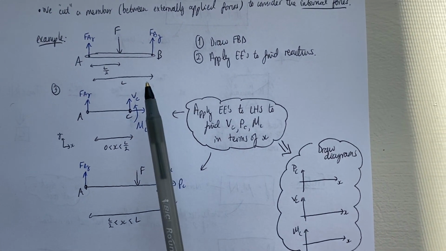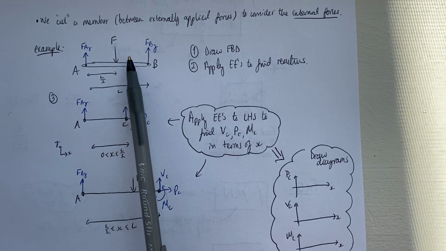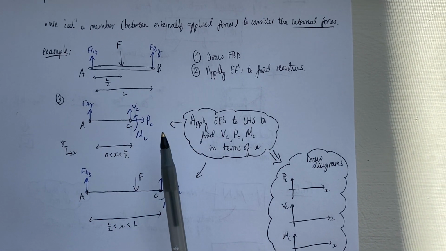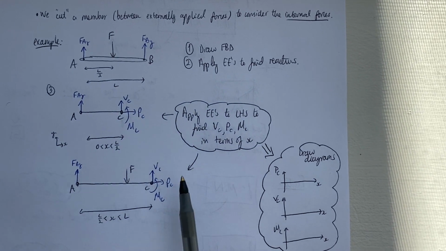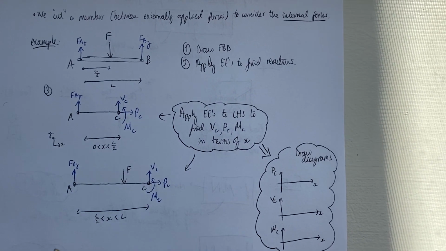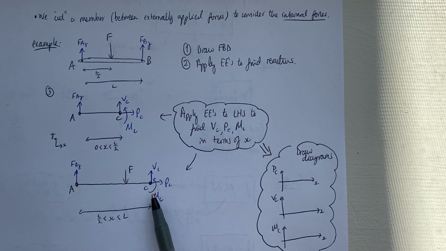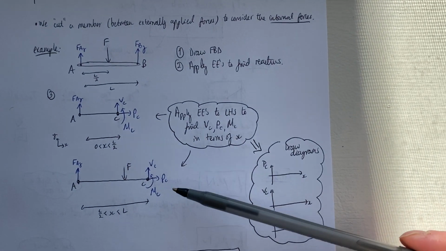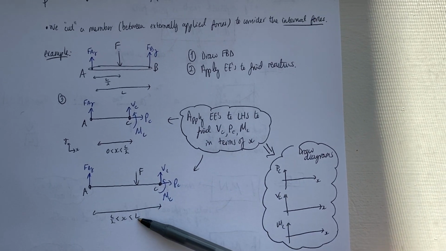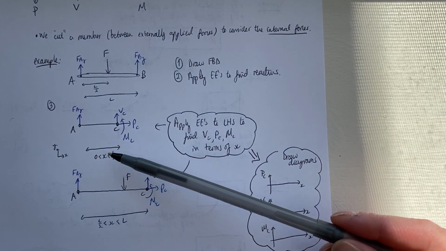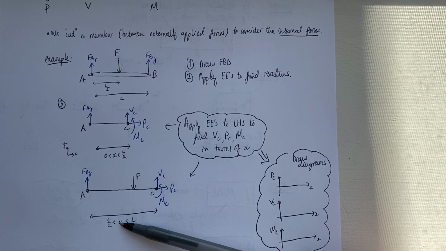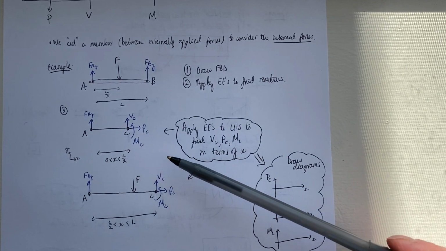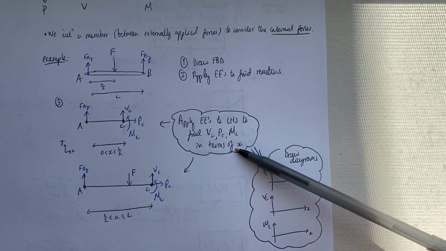So I cut the member twice, once here, once here. I apply the equilibrium equations to both of these left hand side sub free body diagrams, if you like, to find the unknown internal forces. And then if I've chopped the member at these values x, then I should get solutions for the axial force, shear force and bending moment in terms of x.